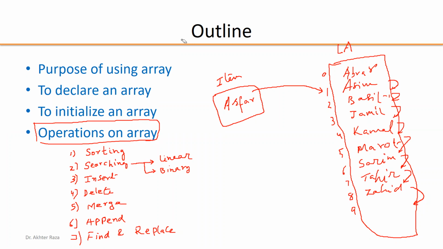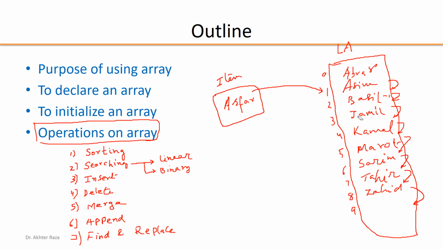We can delete any specific item. Suppose we want to delete the element Jamil, which is at position number 3. This is the fourth element in my array, and at position number 3, I want to delete Jamil.